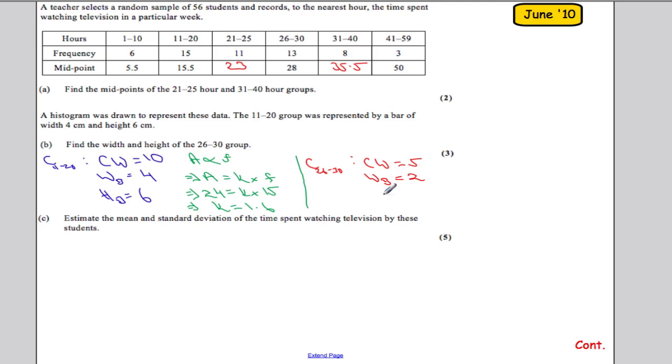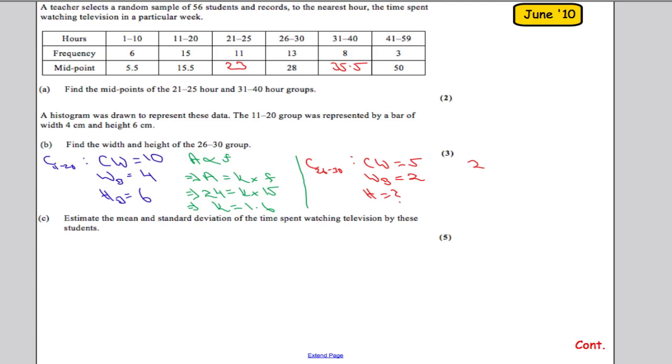And the height is going to be calculated now using k. I know that the area of this particular bar is the width times the height. Let's call the height h.